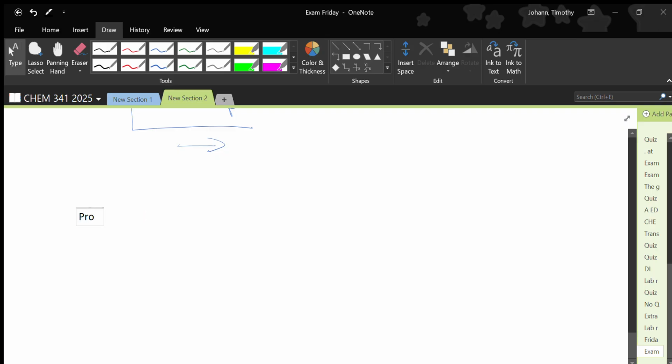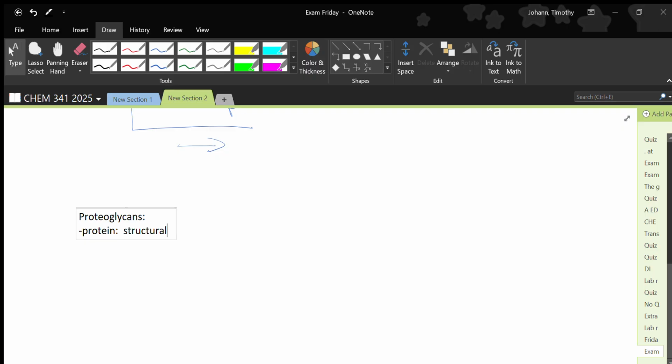We have proteoglycans. Proteoglycans are a combination of a protein and a carbohydrate. The protein is structural and acts as an anchor; it's going to help hold this thing in the cell membrane. I'll jump to a picture in a minute.